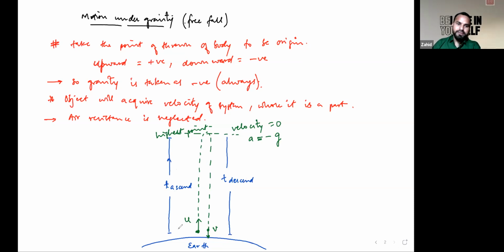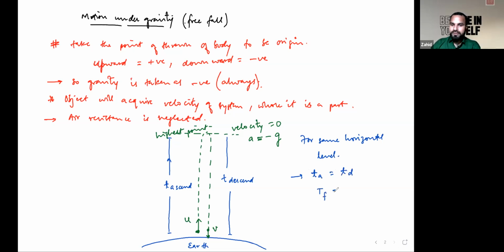In this gravity, for the same horizontal level, time of ascent and time of descent are always equal. For same horizontal level, time of ascent should be equal to time of descent.